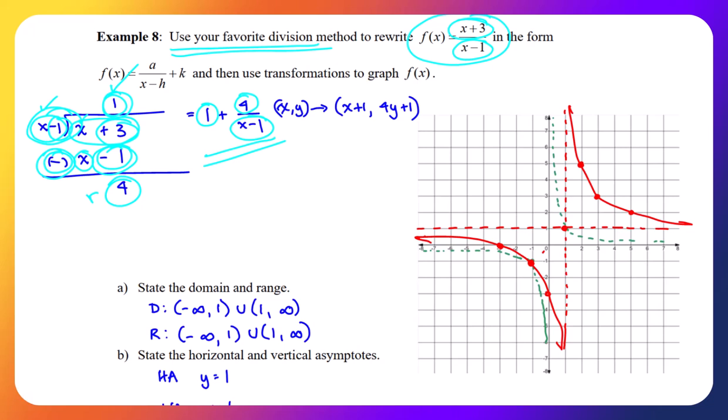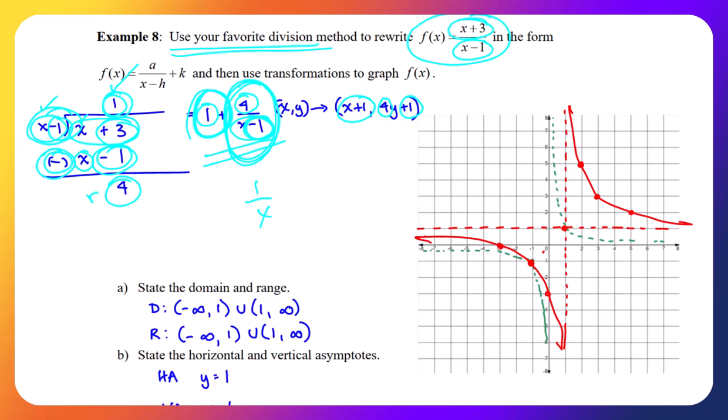And so hopefully now you see here the 1/x graph. That's in green. The x minus 1 moves the graph to the right 1. The 4 stretches the y value, and the +1 shifts the graph up 1.